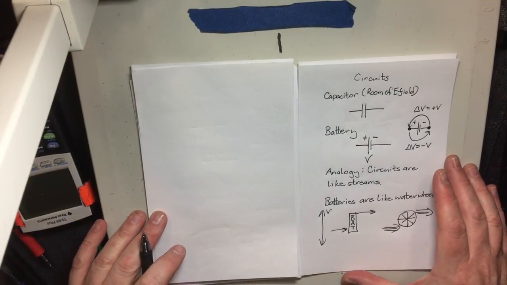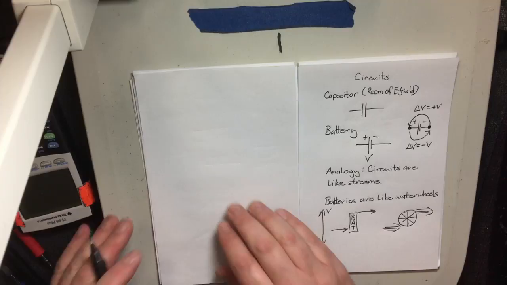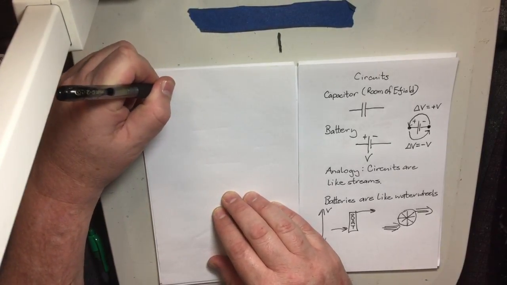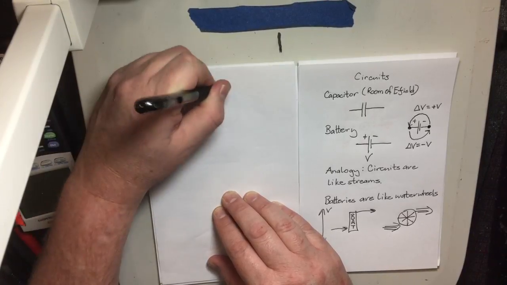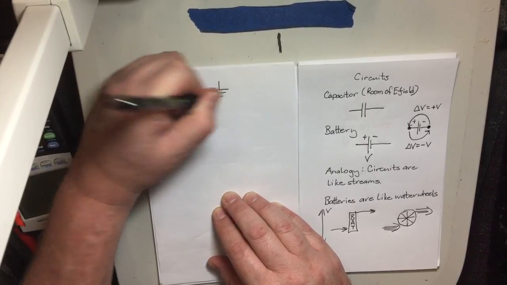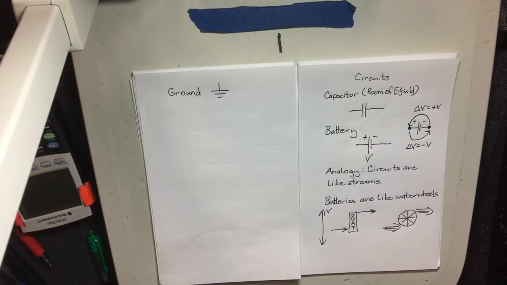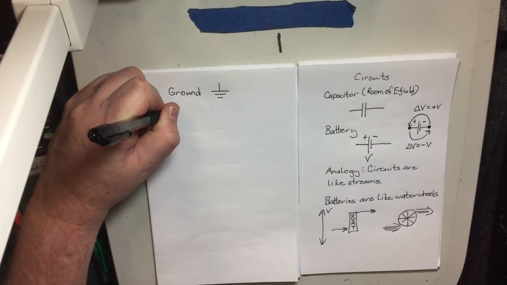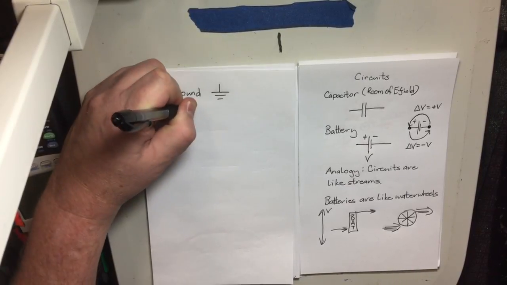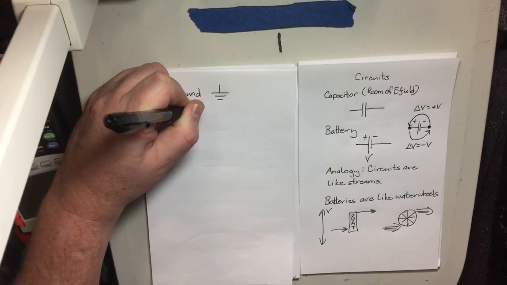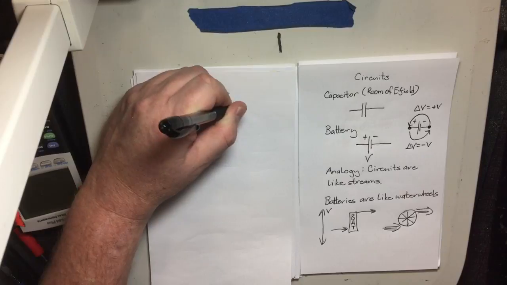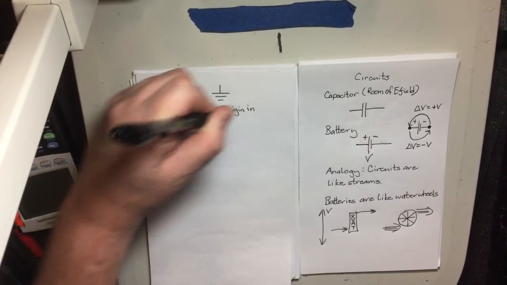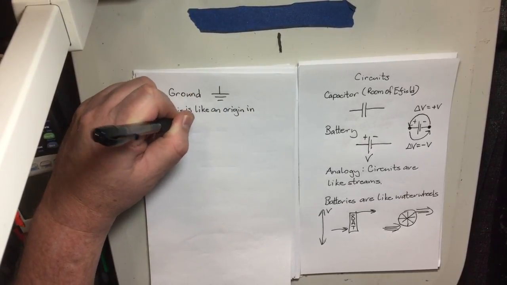Now, in these batteries, there's going to be a symbol called a ground. The ground symbol looks like this. And the ground symbol analogy is, it is like an origin in a motion problem.